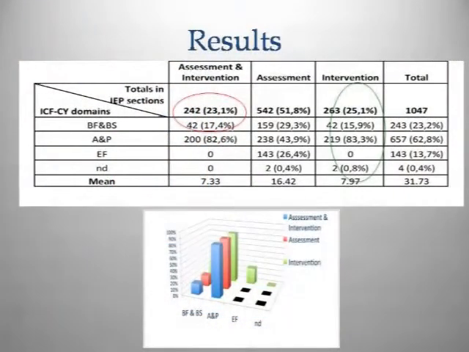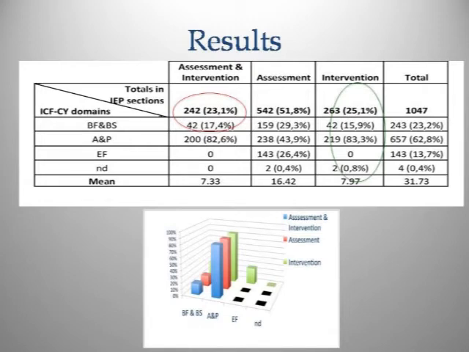And the results show that only 23% of the functionality domains of the IEPs were included both in the assessment and the intervention. And another issue that is important is that most of the environmental factors were not included in the intervention.